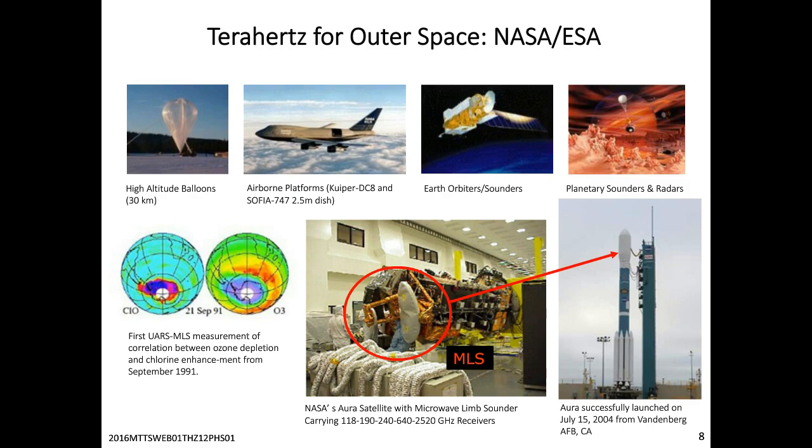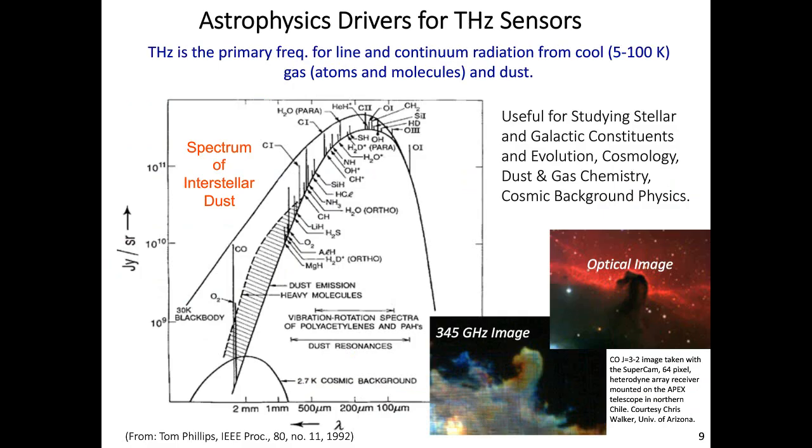So for astrophysics, I like to use this quite old chart from Tom Phillips at Caltech, which sort of gives you the justification for why this particular frequency range is so important for astrophysics observations.